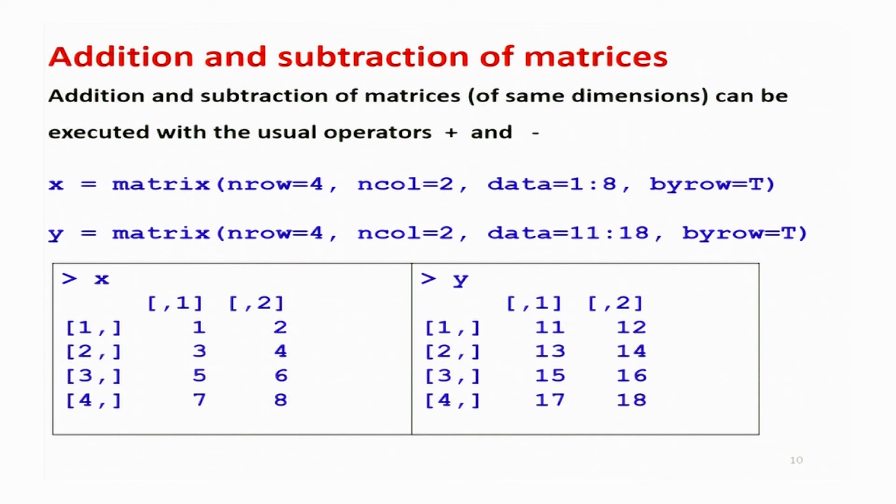Remember one thing: when two matrices are added or subtracted, this is done following the rules of matrix theory, in which both the matrices should have the same order. That means the number of rows and columns in both matrices should be the same. And that is the same thing when you are trying to subtract two matrices. That is the first condition, that both matrices should have the same number of rows and columns, number one.